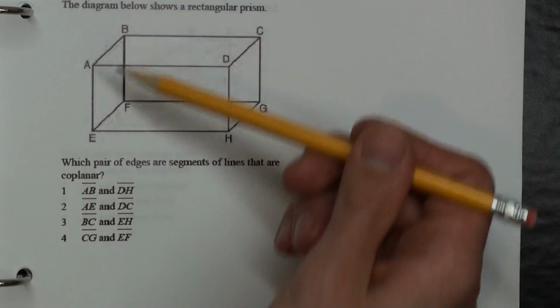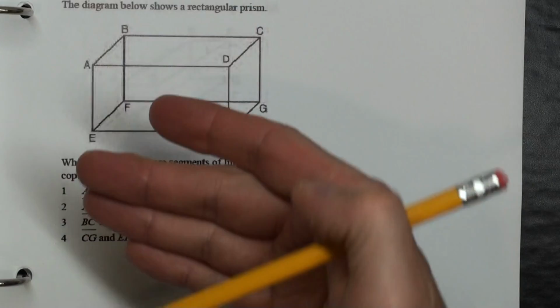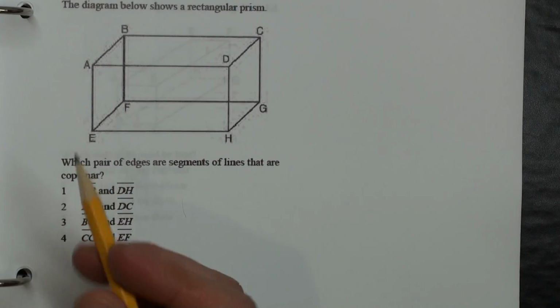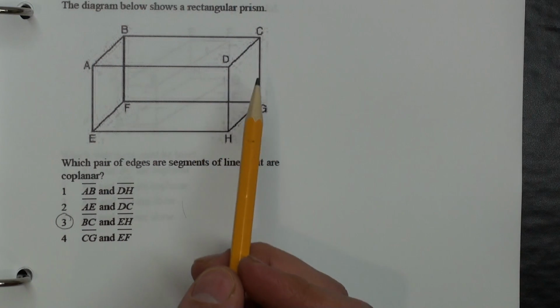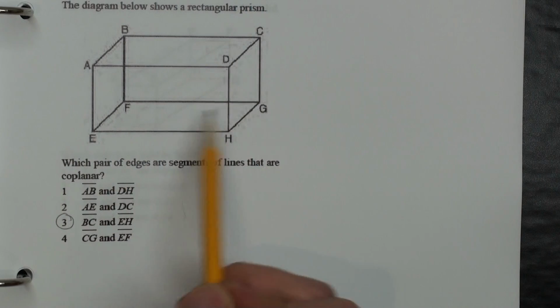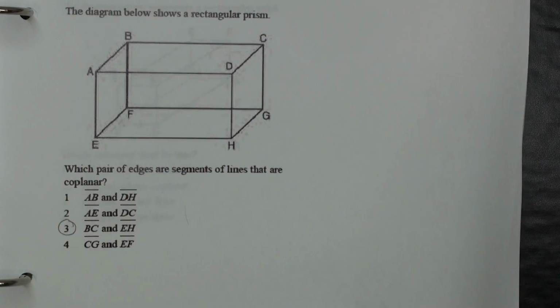You can imagine a plane at an angle, right, containing those two lines. And 4 is CG and EF. One's going up and down and one's going front to back. So no, that's just choice 3.